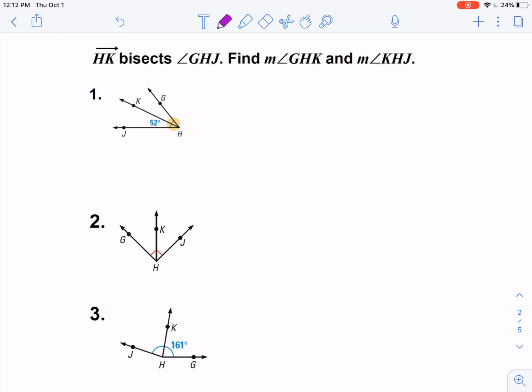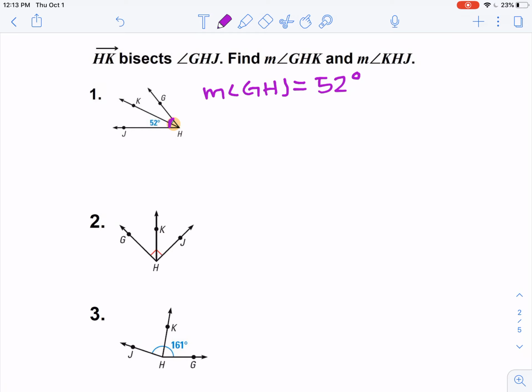If they didn't have any angle measurement next to it, then you could assume that it would only be in the spot that it's labeled. But with that little line, you know that this whole angle is 52 degrees. And HK is cutting it in half. So we know the measure of angle GHJ, G to H to J, is going to be 52 degrees.